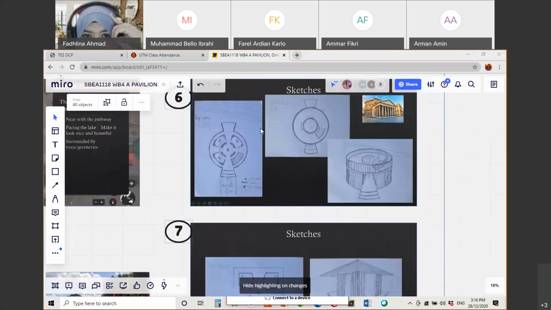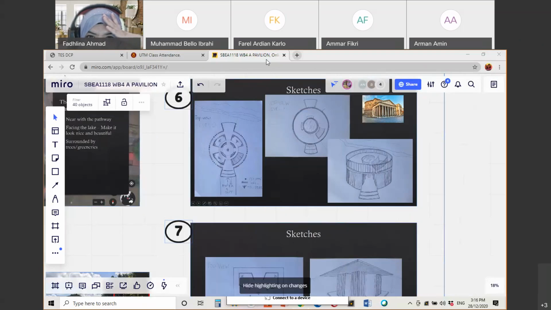And you can see from the top view at level one, I take the idea of the oculus, the hole at the middle, and maybe it can give some lighting to the space inside the pavilion.